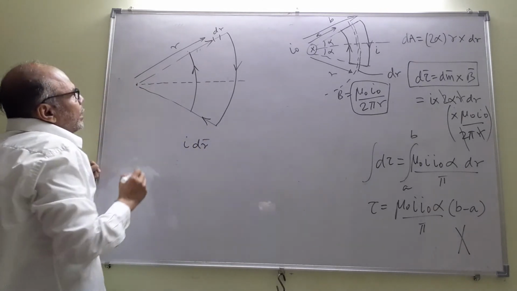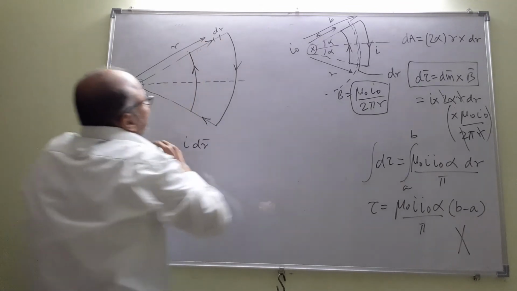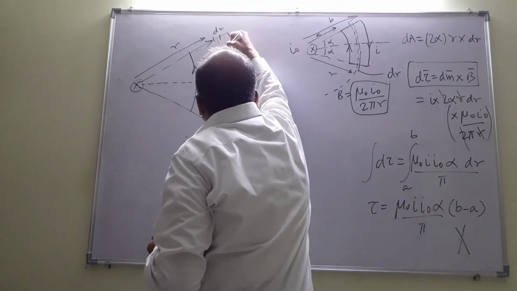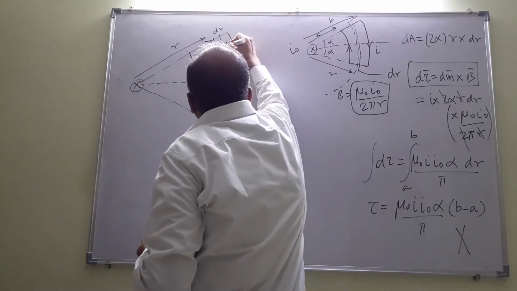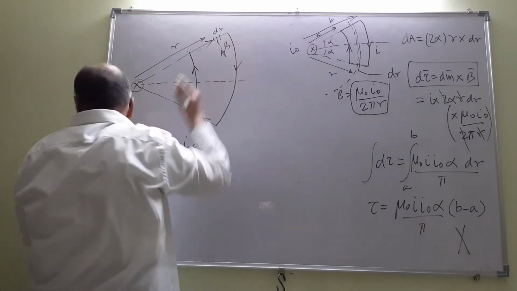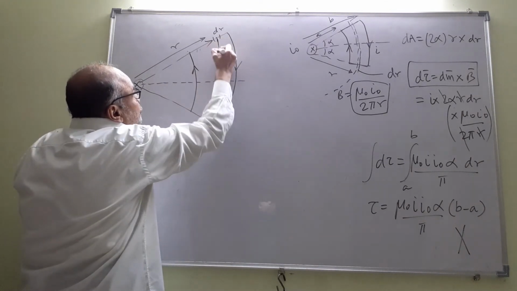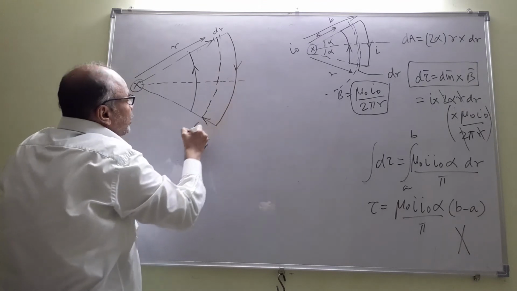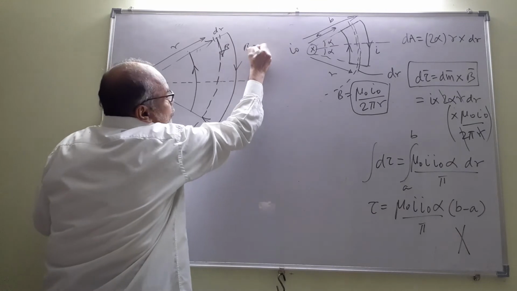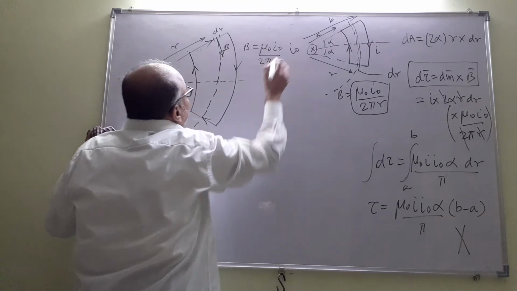The element would be Idr, and the magnetic field due to this at this point would be like that. This is the magnetic dipole, and B at this point is going to be like that, and B we already saw is mu naught I naught by 2 pi r.